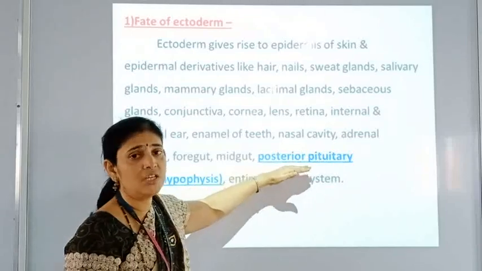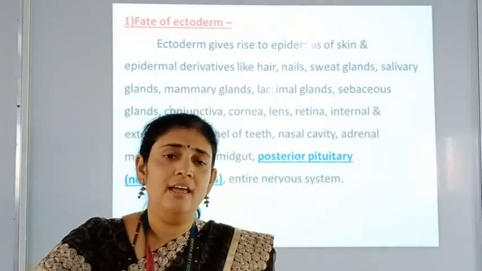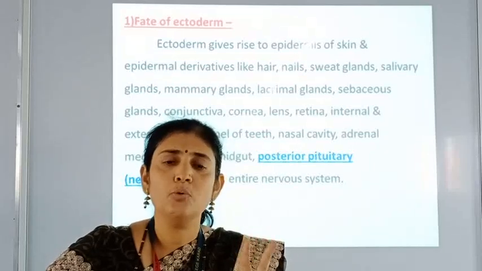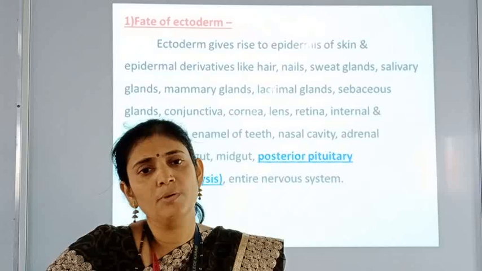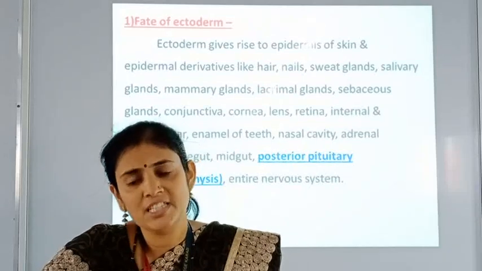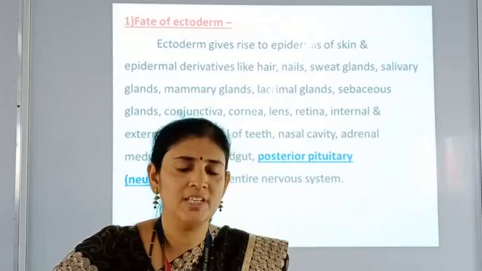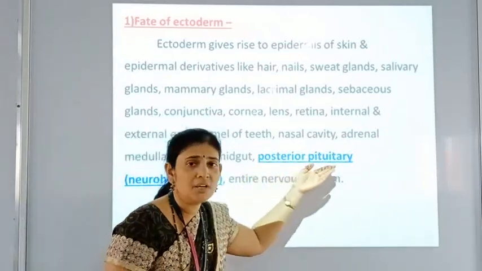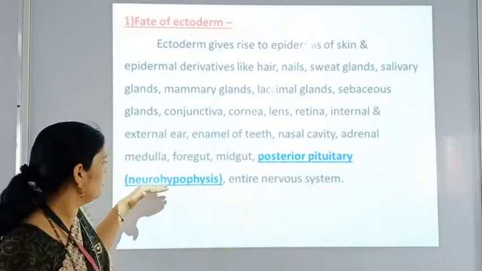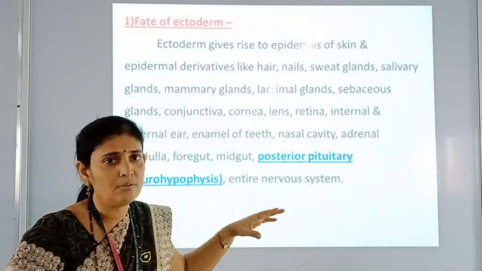And then posterior pituitary, as we have seen the structure of pituitary gland, that pituitary gland is having two parts, anterior lobe, posterior lobe. Anterior lobe is called adenohypophysis and posterior lobe is called neurohypophysis. Out of that, from ectoderm, the posterior pituitary lobe, that is neurohypophysis, is derived from the ectoderm layer.